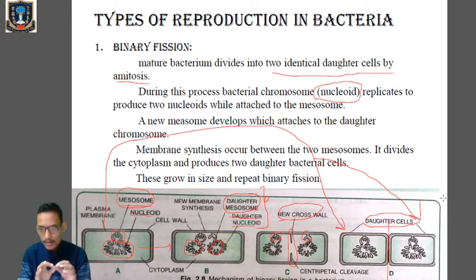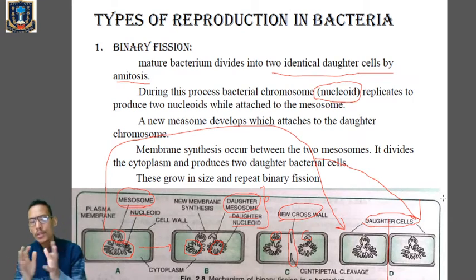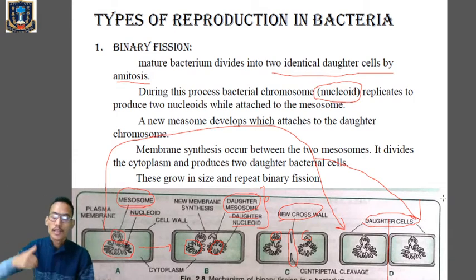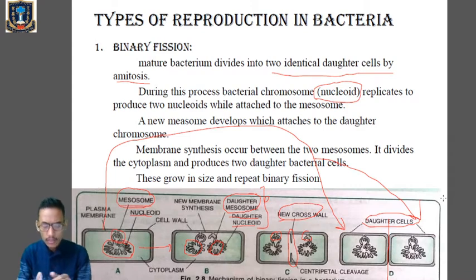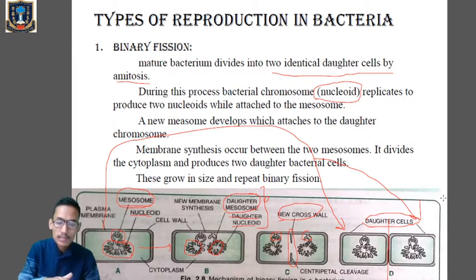It will divide the cytoplasm and produce two daughter bacterial cells, and these two daughter bacterial cells will grow in size and again repeat the process of binary fission. Okay, so that is the first mode of reproduction in bacteria, binary fission.